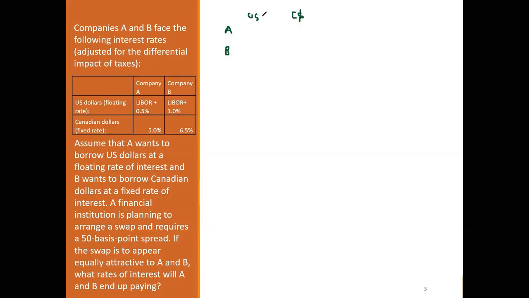I'm rewriting the information this way because so far we did the calculation in this manner. For A, the dollar cost is LIBOR plus 0.5%, and for B, the dollar cost is LIBOR plus 1%. I'm simply rewriting for the ease of calculation.